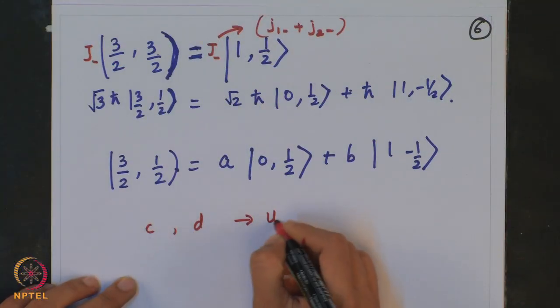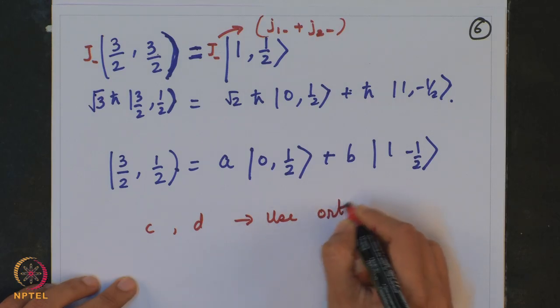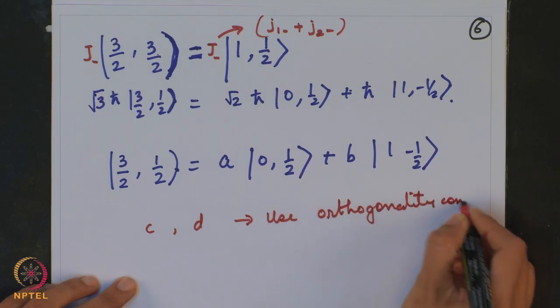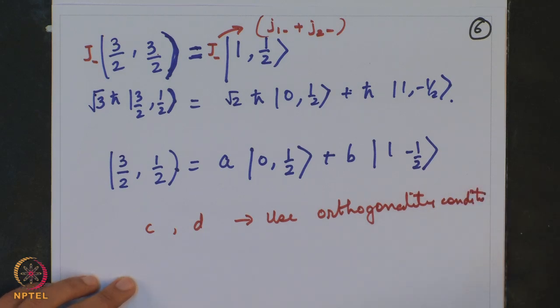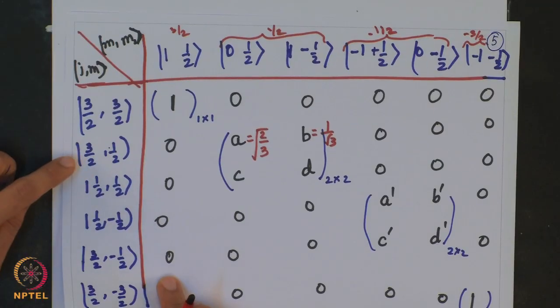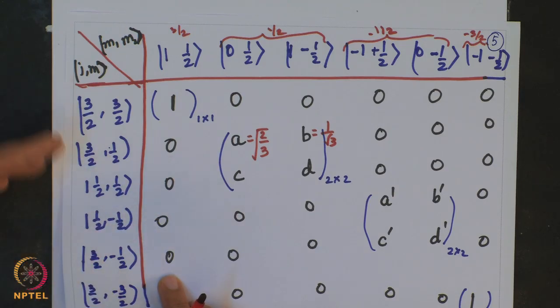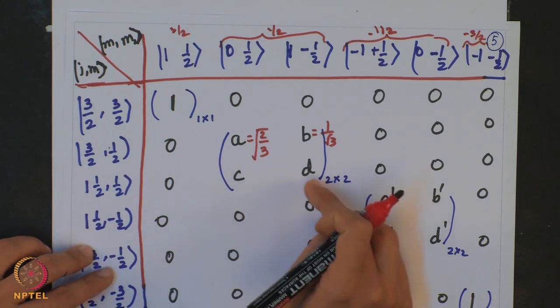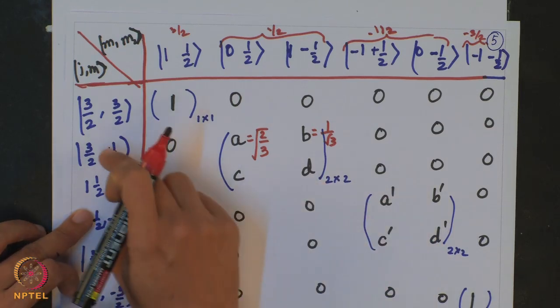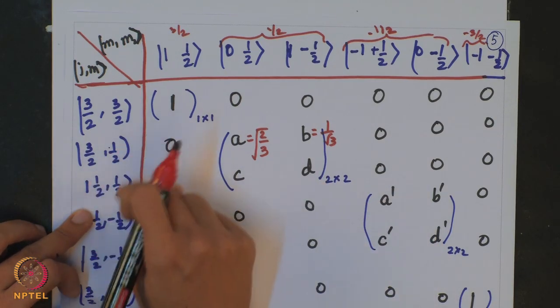Use the orthogonality condition. It is very simple to check, and why are we using the orthogonality condition? When you operate this on any of the other quantities, 1 minus half or 0 half, you will obtain the value of C and D, because again you can put this 3 by 2, half and half.